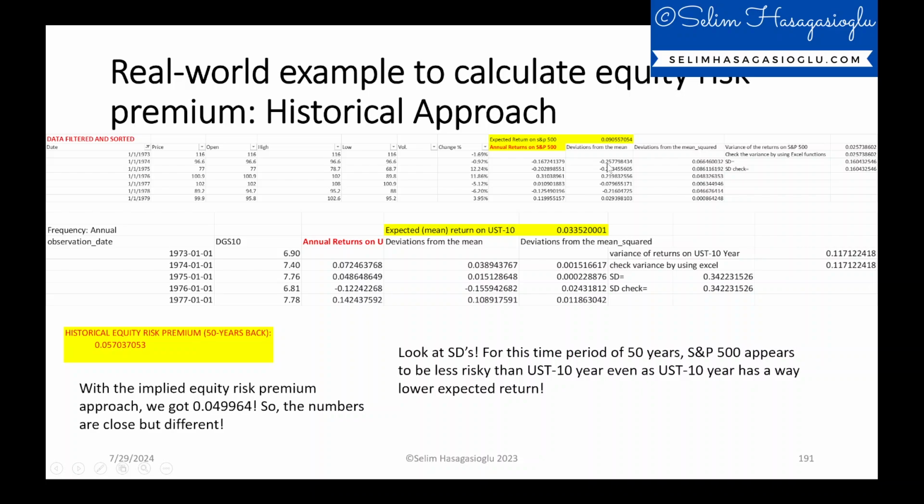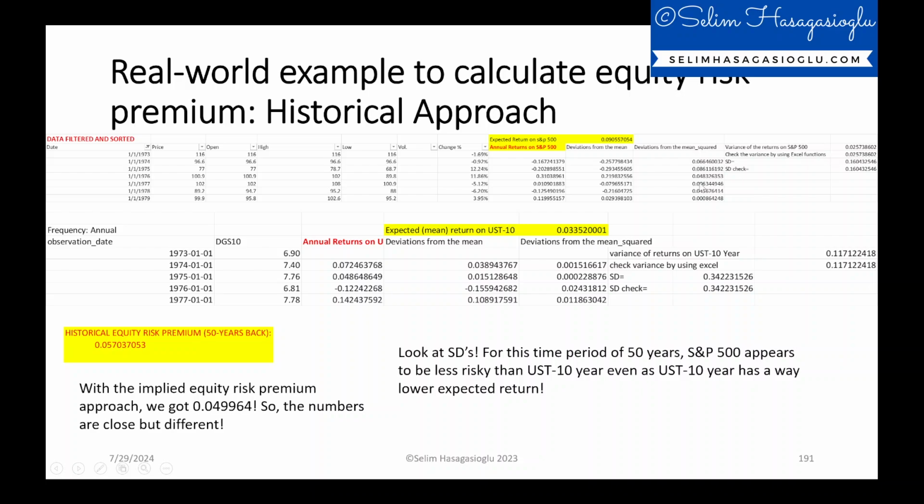Of course, if you want to calculate the variance of these returns on the S&P 500 and the standard deviation, you can calculate deviations from the mean. These are annual returns minus average for each of these observations. These are deviations from the mean. And then we are squaring the deviations from the mean to calculate the variance of the returns on the S&P 500.